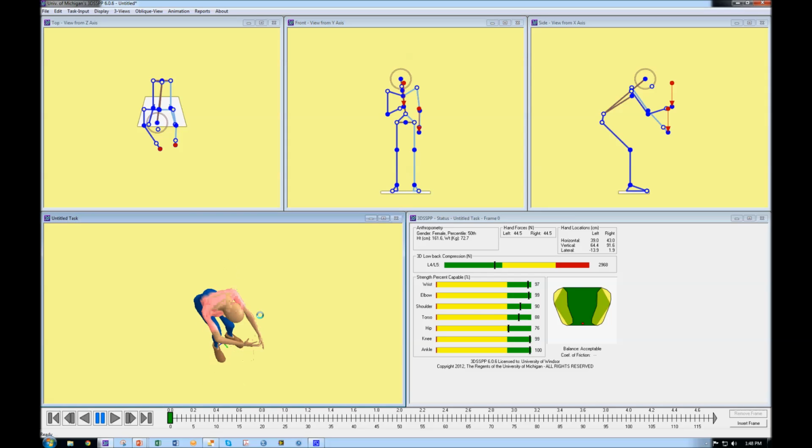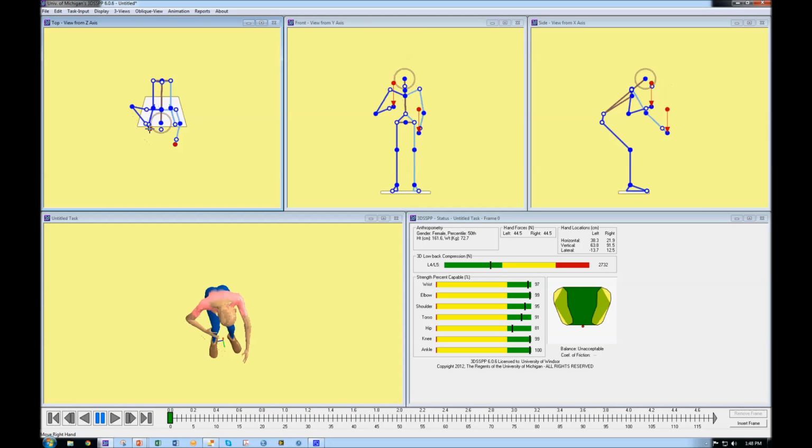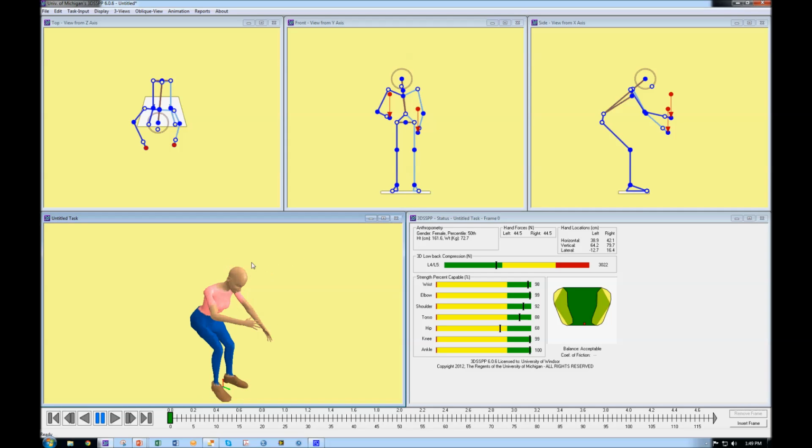The same goes if you wanted to move the hand left or right, best done in the top view, and the frontal view will also help you if you wanted to move in the up and down direction. So again, you'll choose where to manipulate the mannequin depending upon the finite control that you need to manipulate the mannequin in its specific locations.